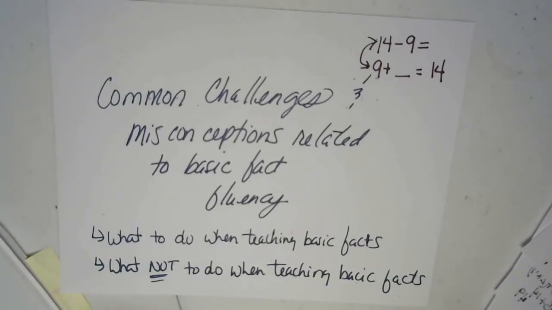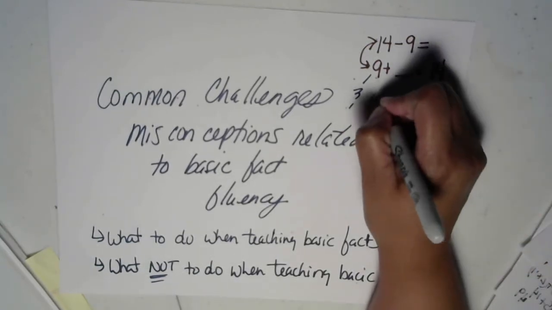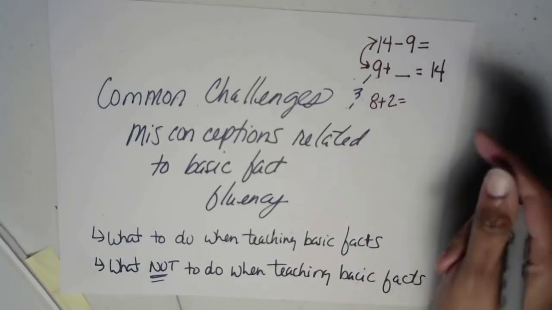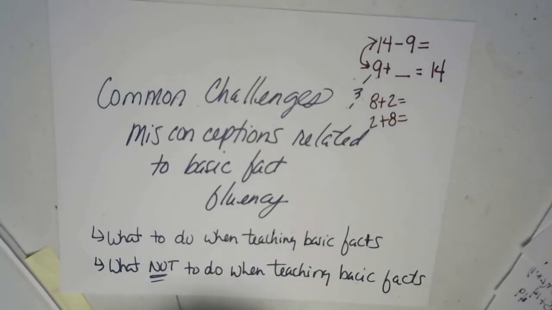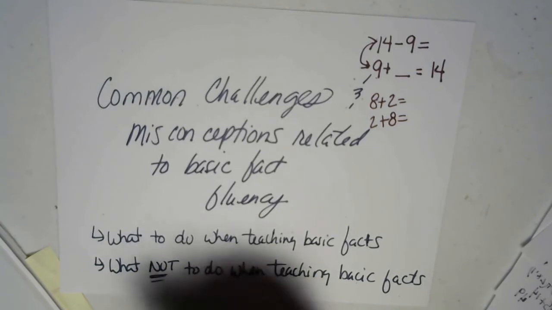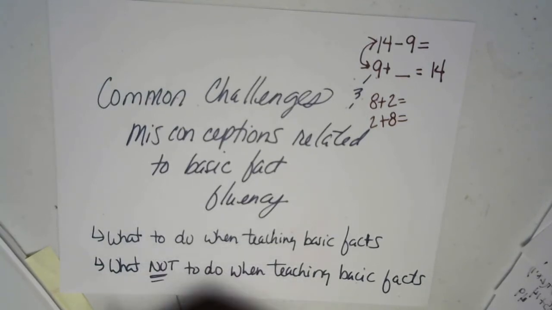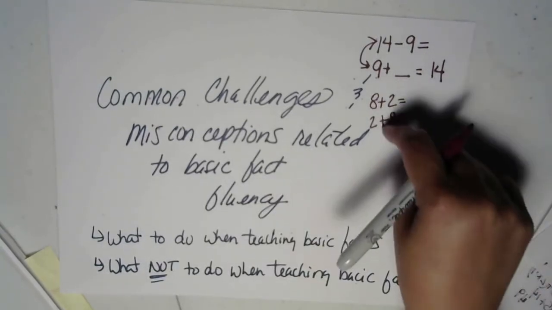That's very important. Students do not apply the commutative property. Student is slower to add 2 plus 8. So they can do this all day long. They know that that's 10, but when you show them this, they pause. You can use 10 frames here and reverse them to help them see that these are both 10.